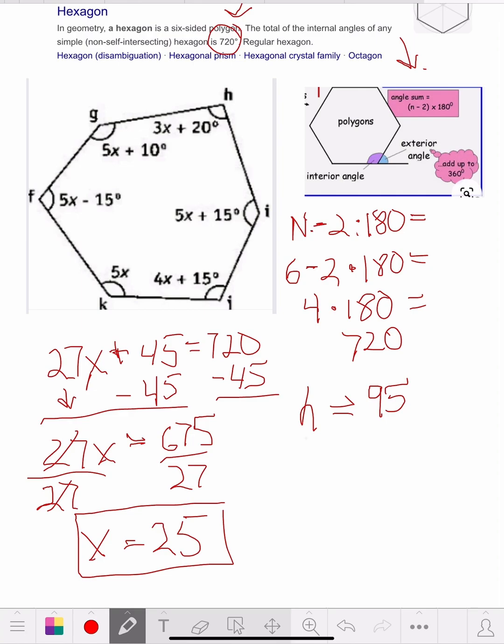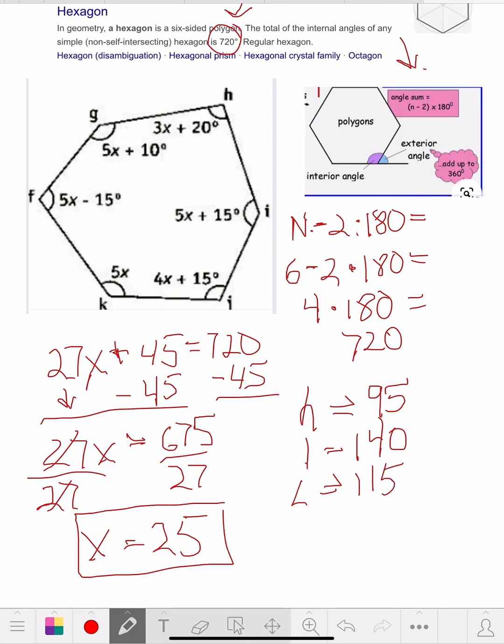Now I equals 5 times 25 is 125, plus 15 is 140. Now the next one, 4 times 25 is 100, plus 15 is, that looks like L, I think, L. So we get 115.